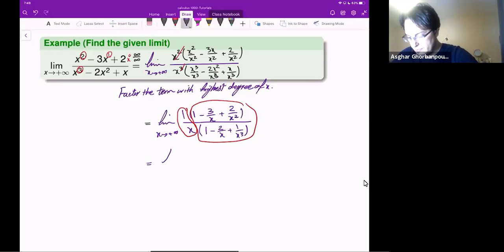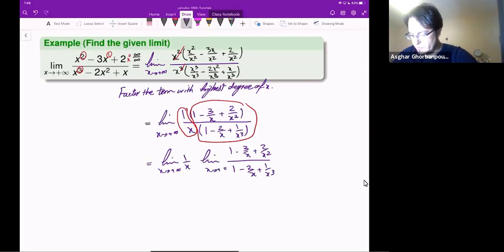So this will be the limit of 1 over x as x approaches plus infinity, and the limit of (1 minus 3 over x plus 2 over x squared) over (1 minus 2 over x plus 1 over x cubed) as x goes to plus infinity. See, if I have x to a negative power, or 1 over x to a positive power, this is the fact I'm going to use. Let me just write it here somewhere.